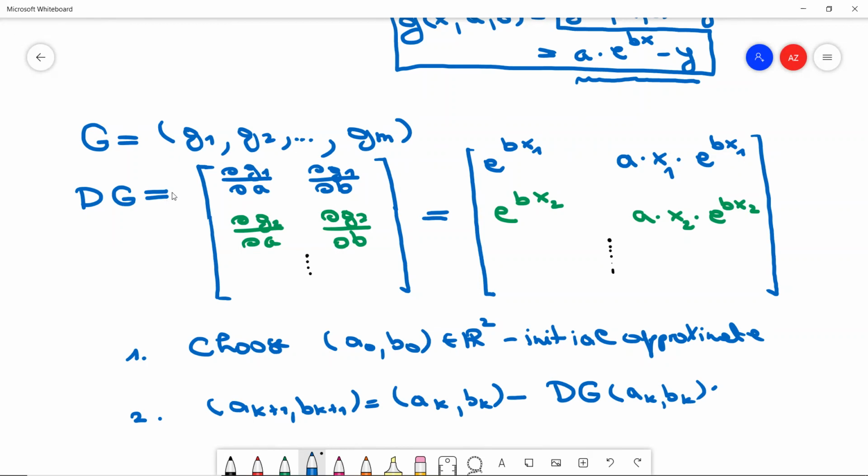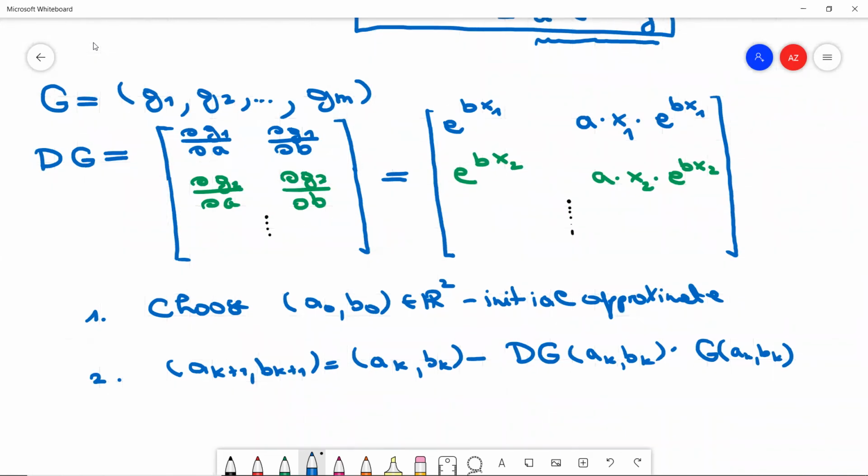And what is my function? My function is G, so I have here G of a k, b k. And of course, I have to take the Moore-Penrose inverse here.